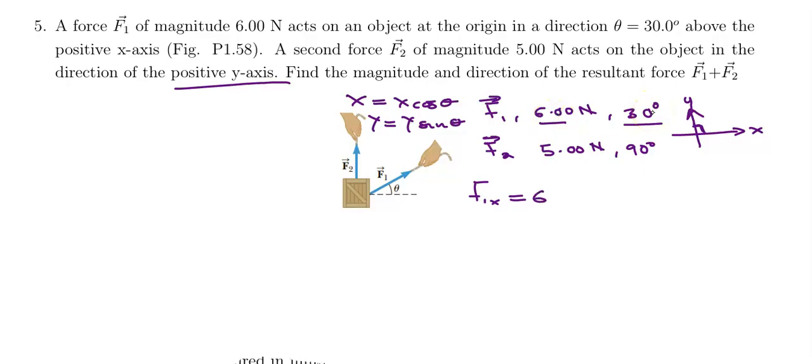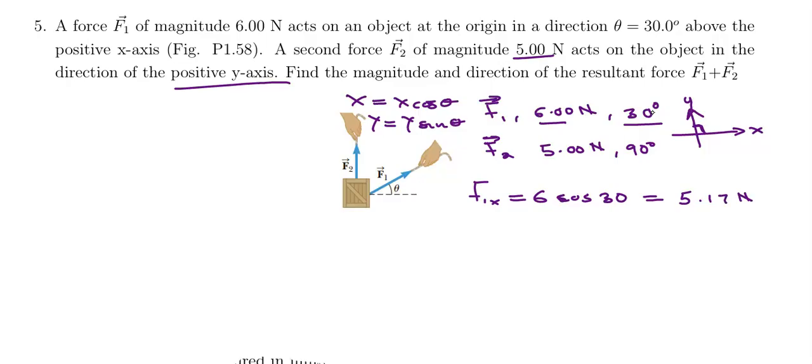On our calculator we say 6 cos 30, which is actually 5.17 newtons.